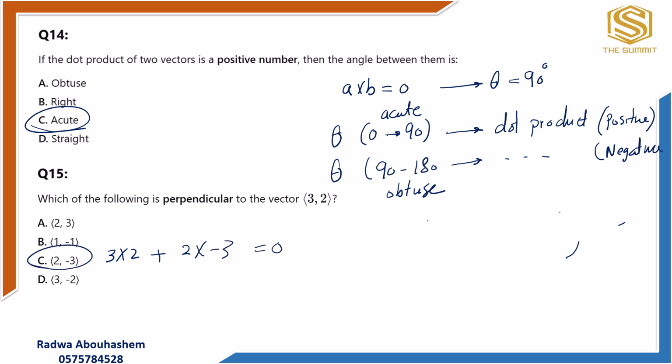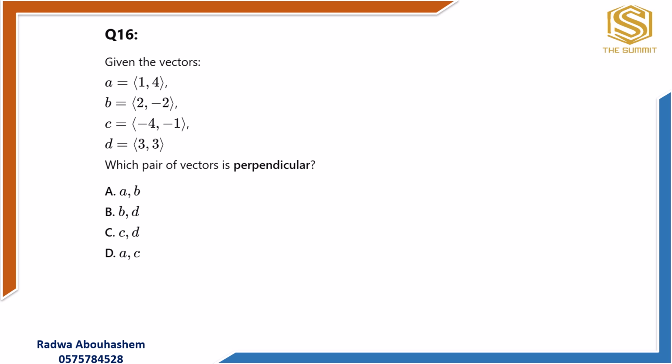Yes, 6 plus negative 6 gives me 0. So here's my choice. We have here 4 vectors and he's asking me which pair would be perpendicular. So let's try to get the product for them. A and B: 1 times negative 4 is negative 4, and 4 times negative 1 is negative 4. If I add them, it gives me negative 8, so it wouldn't give me 0.